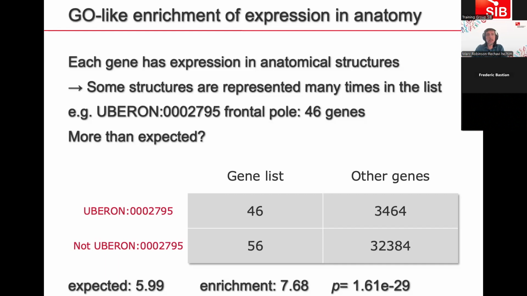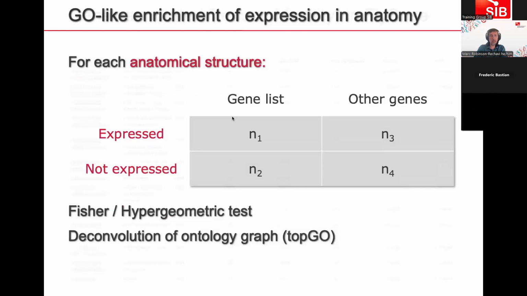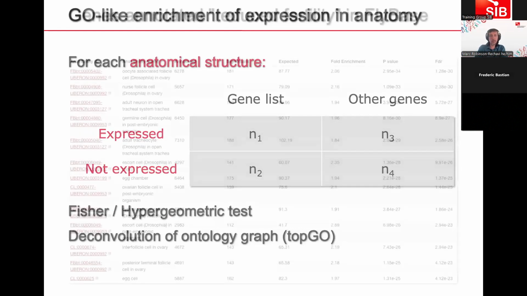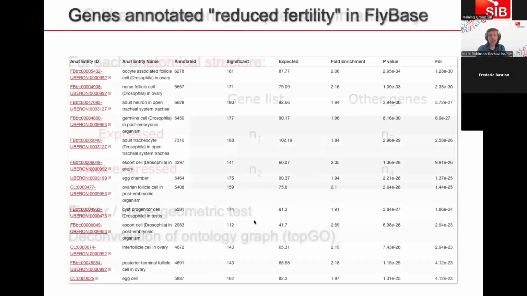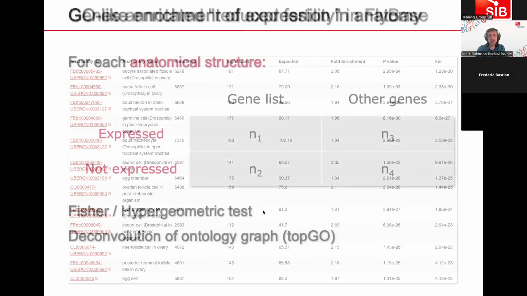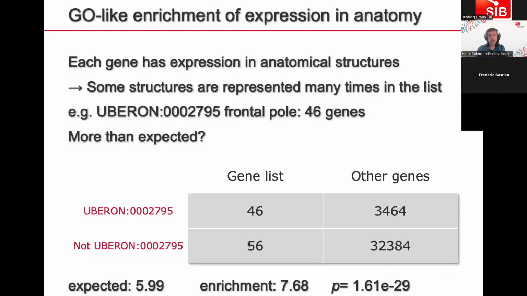And of these genes, we have 46 of them which are expressed in the frontal pole. And 56 are not expressed in the frontal pole. And if I look at the other genes in the genome of the human, 3,400 are expressed in the frontal pole, and 32,000 not in the frontal pole.